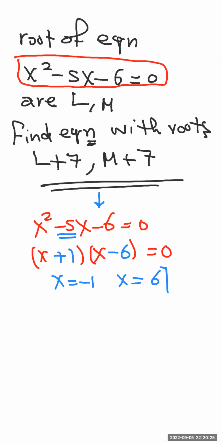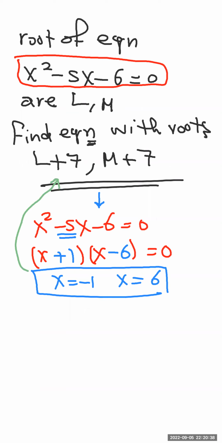So these are the two roots, L and M. Okay, so now the new two roots, L plus 7 or M plus 7, will be 6 and negative 1 for this equation.